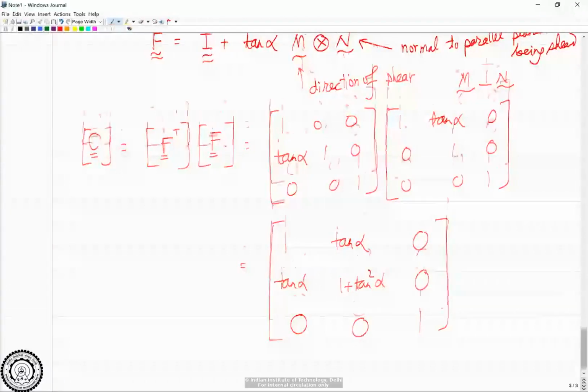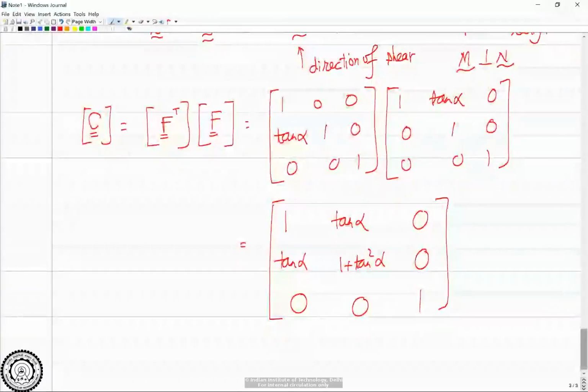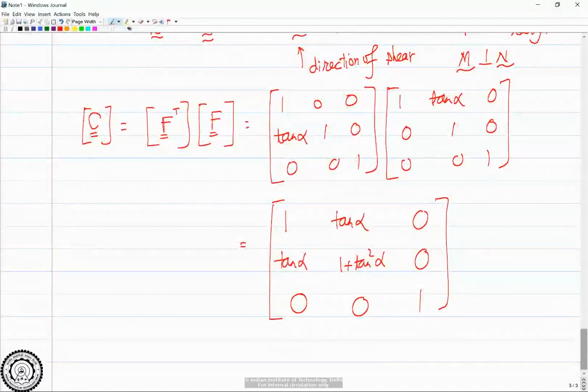And from the C matrix, can you see what is the stretching along E1, E2, E3? What can you say about the stretching of line elements along E1, E2, and E3? So lambda for E1, isn't that square root of C11?